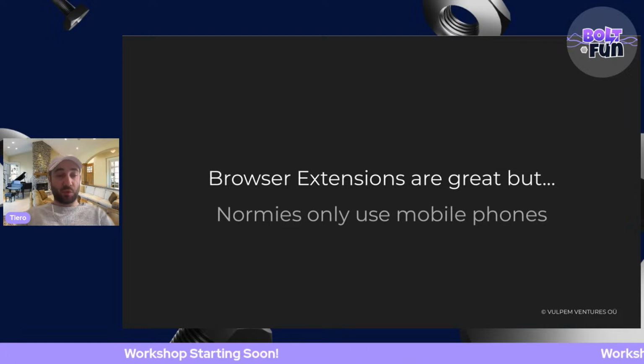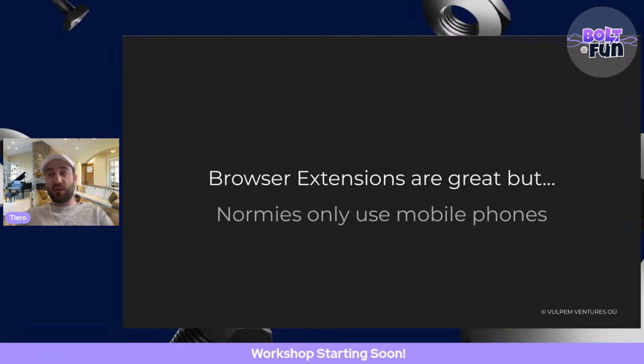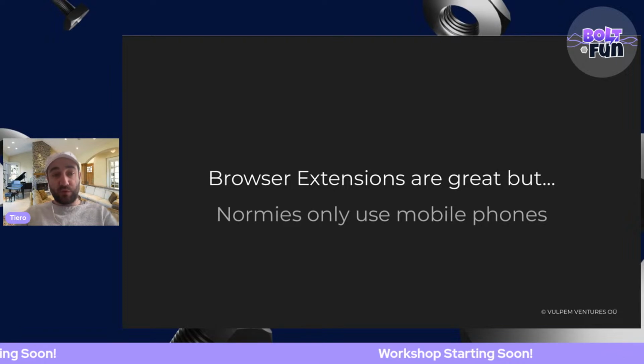The browser extension will keep your keys safe and will prompt the user to sign an event or to get a public key and so on. But my main issue with that is that most users, normal people, don't even use desktop at all. They only use mobile phones, and anything they do on the web is basically mobile. So I really think there should be a way to connect mobile phones and the web apps that you're visiting.